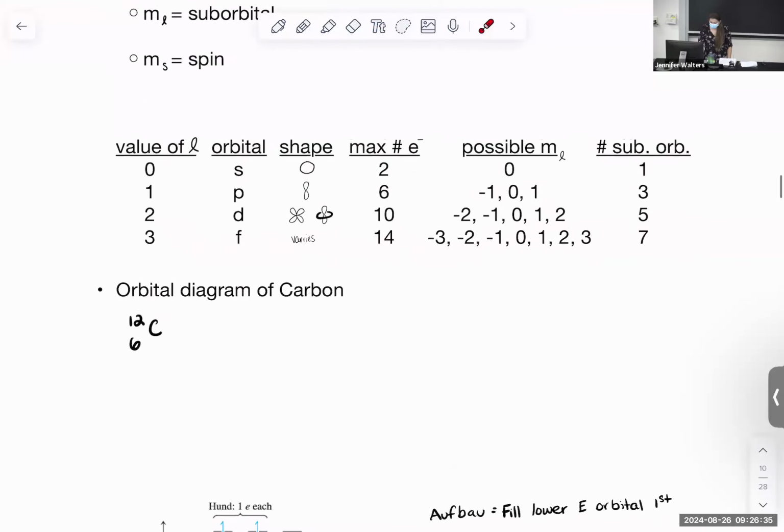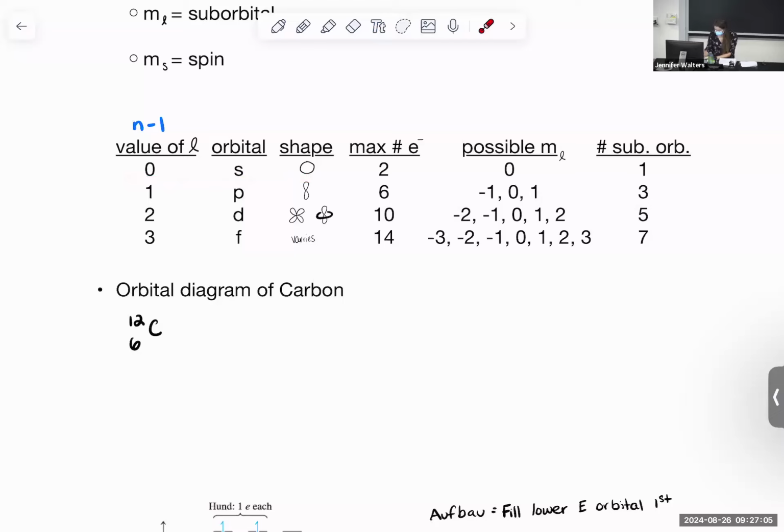So when we're trying to remember our orbitals, the value of L is going to be n minus 1. So if n is 1, like for hydrogen and helium, where we're in period 1, row 1, then our value of L is 0. The orbital shape when L is 0 is going to be this sphere, because that is our s orbital.